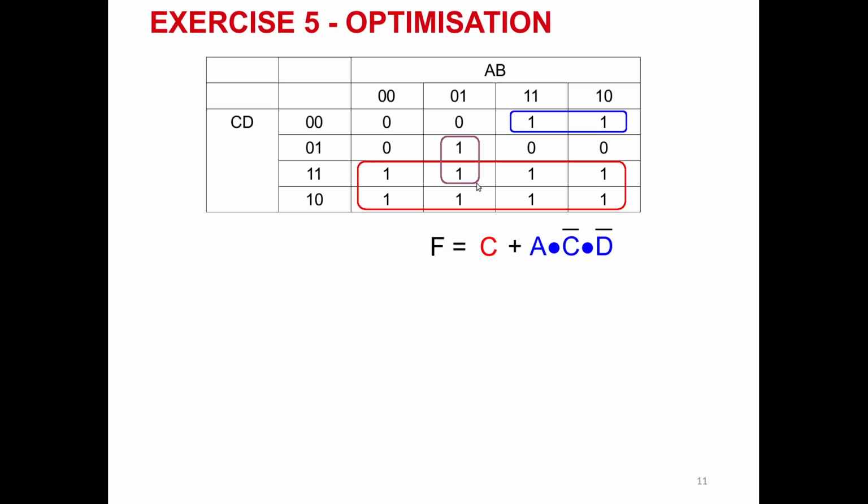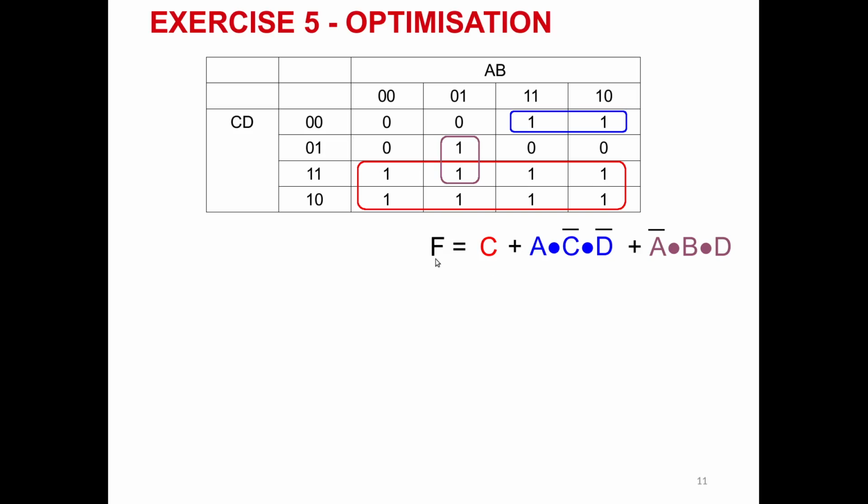Instead, these outputs rely on AB, which is 0, 1, and D, which is 1, and so this one will be not A and B and D. And so here we have no more value of 1 that is not yet processed in the Karnaugh map.